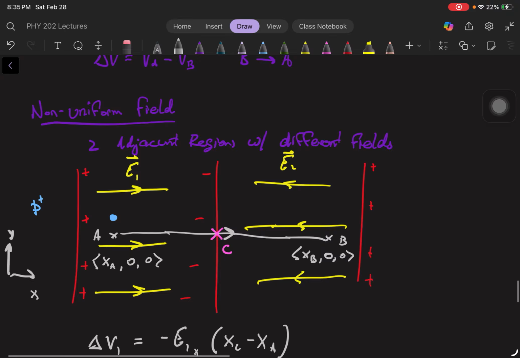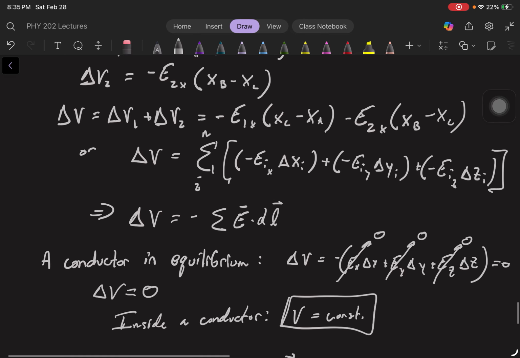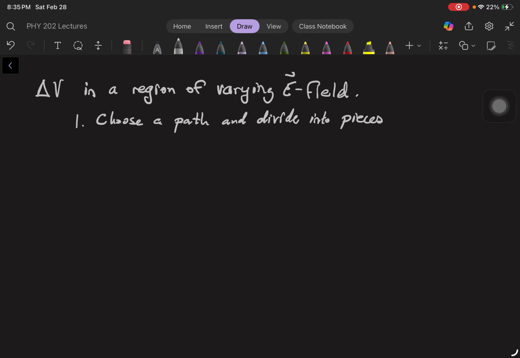Just like we did up here, right? We took this path and we just split it in half. And so we'll divide it into pieces and we'll call those each a delta L, or maybe delta L sub i if you want. And then you want to write delta V is equal to negative E dot, well, let's say E sub i, dL sub i for each piece.